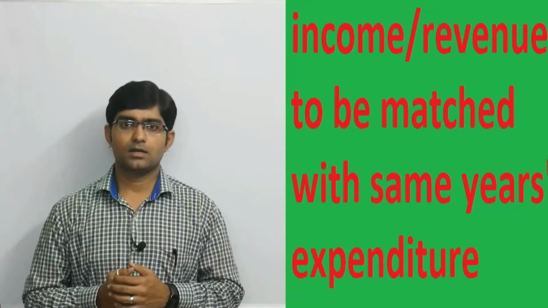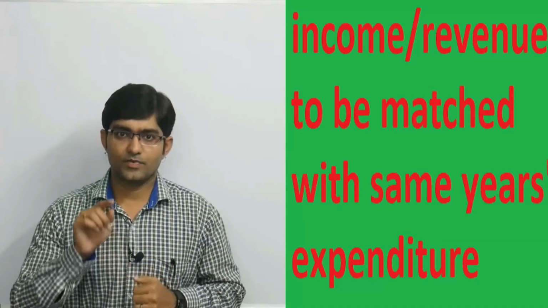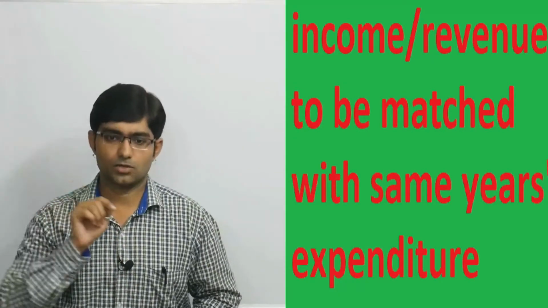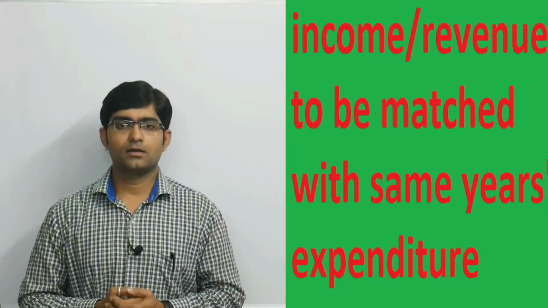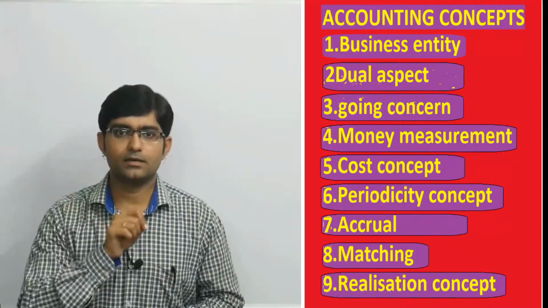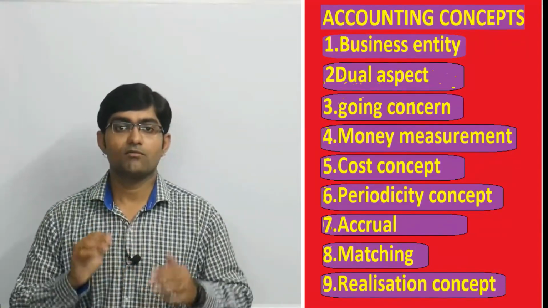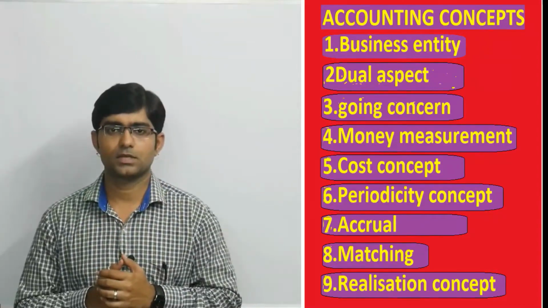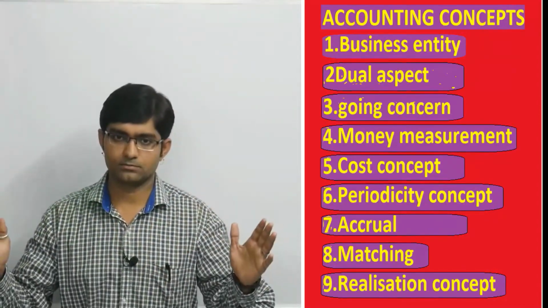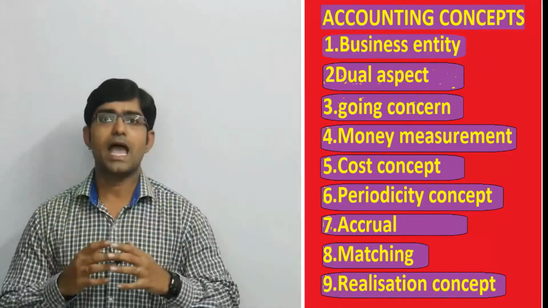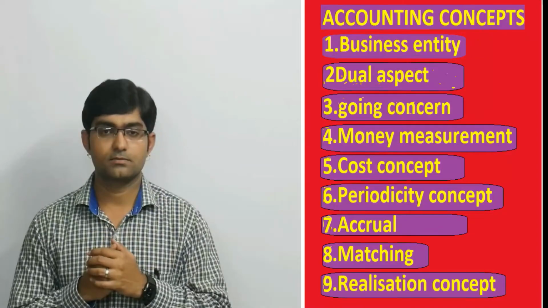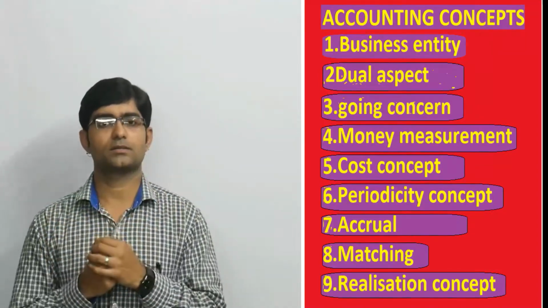No. Then, if that expenditure is not related to this year and that income is not related to this year, then how do you consider those items while calculating profit or loss for this year? So you have to exclude them. That's why adjustments arise.